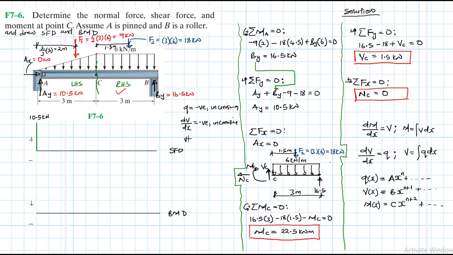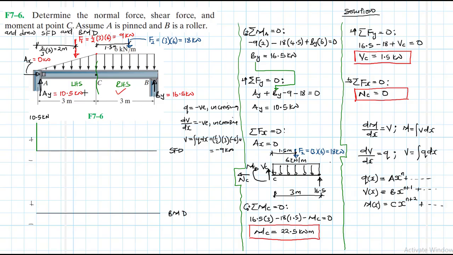This magnitude is just going to be equal to the area under the load diagram, which is half times 3 times minus 6, which gives us minus 9 kilonewtons.